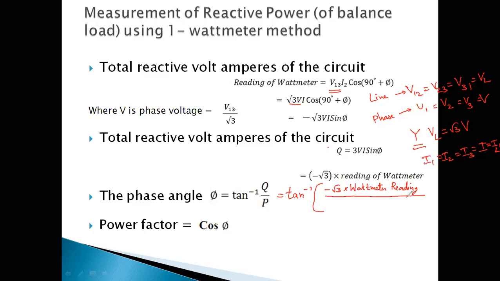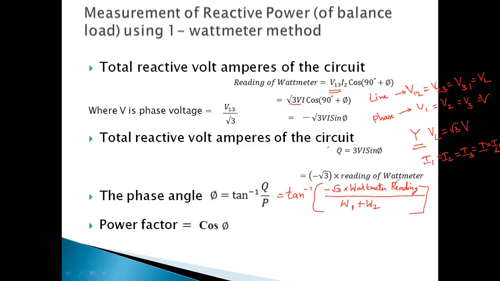Divided by, we have seen the real power calculations where we have taken W1 using the single wattmeter method. In switch position 1, we have taken the wattmeter reading as W1 plus W2, where W2 is the reading of the same single phase wattmeter when the switch is connected to position 2. So this complete is real power, this complete is reactive power.